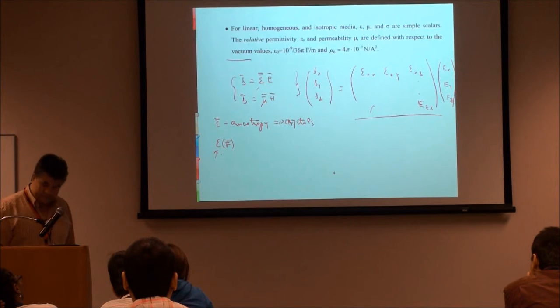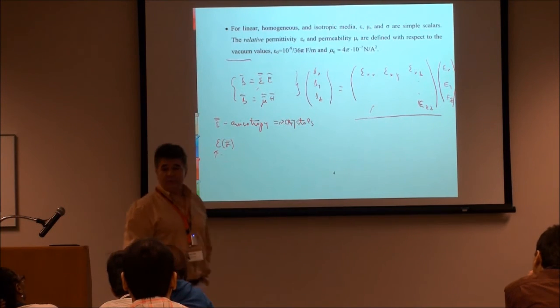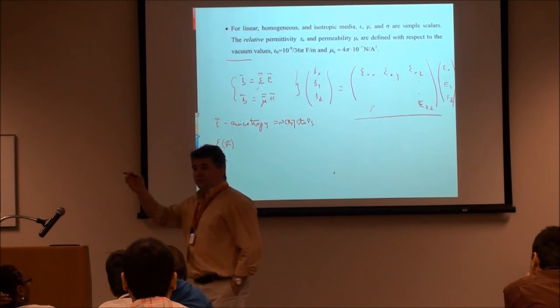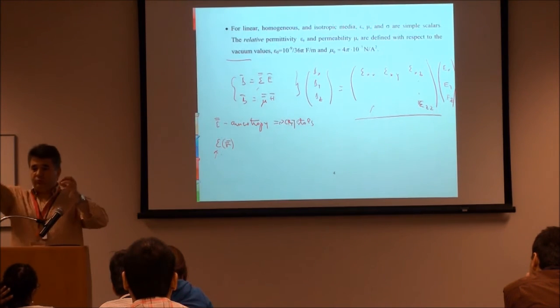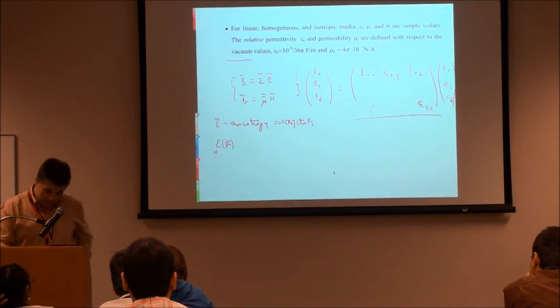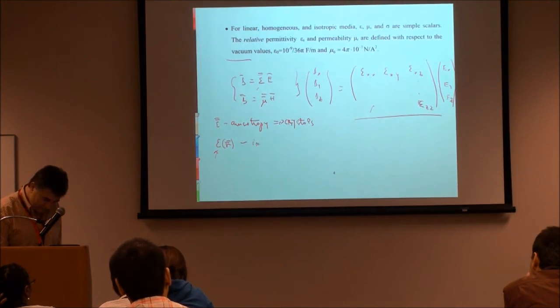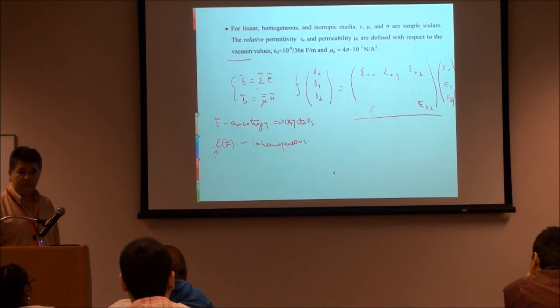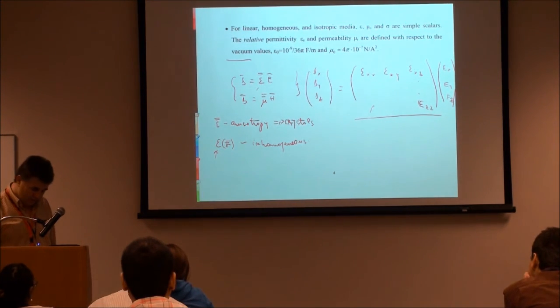Epsilon is a scalar, not a matrix anymore, it's a number. But the trouble is now it varies from point to point. We call that inhomogeneous. And you see I'm ignoring mu because usually we deal with non-magnetic materials most of the time.